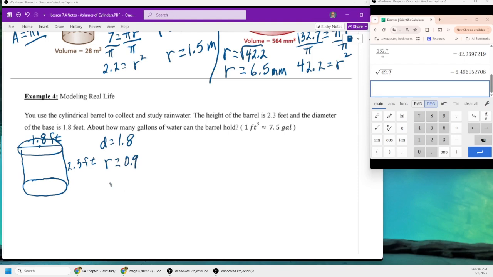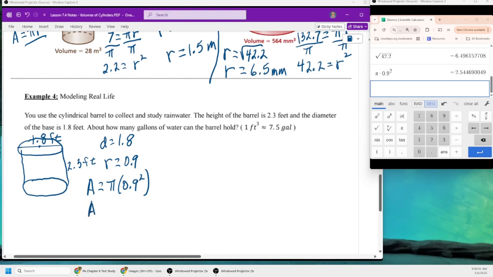So what we're going to do is find the area of that circle at the bottom, which is pi times the radius squared. So I'll go pi times the radius squared, and that's going to give us an area of 2.5 square feet.